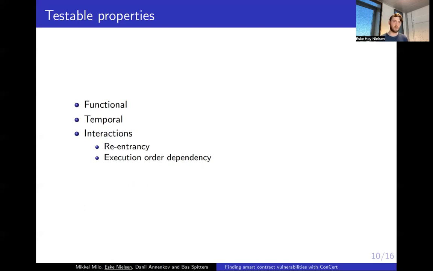Finally, we can also test smart contract interactions between multiple contracts, or a contract with itself, and this can show reentrancy bugs and execution order dependency bugs. For example, this is used in the Uniswap case study, which we have shown in previous publications, and the execution order dependency bug in the Dexter case study in this work.